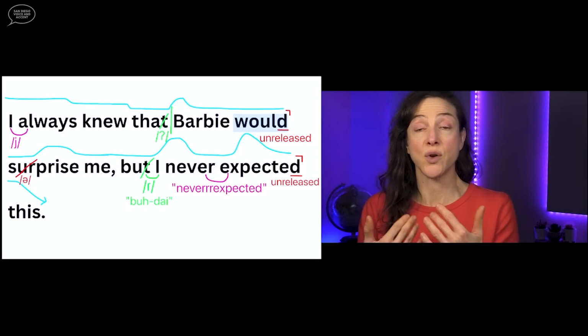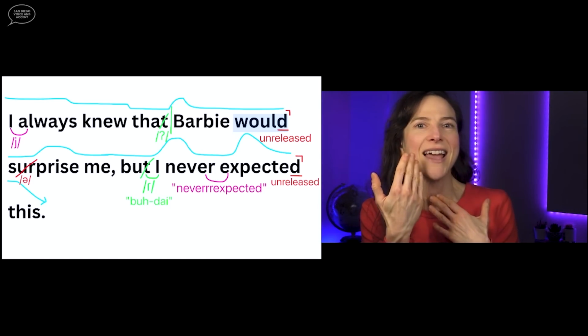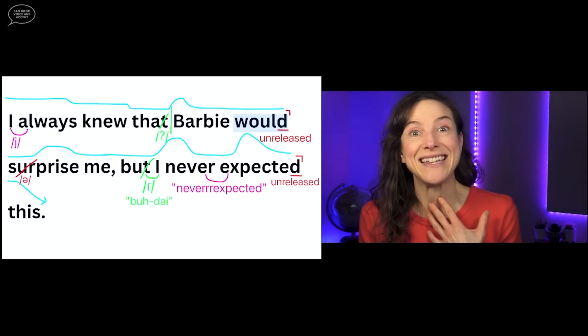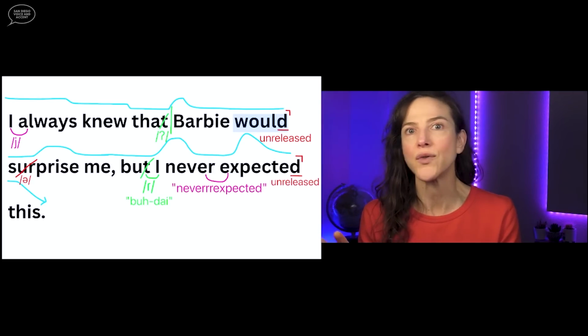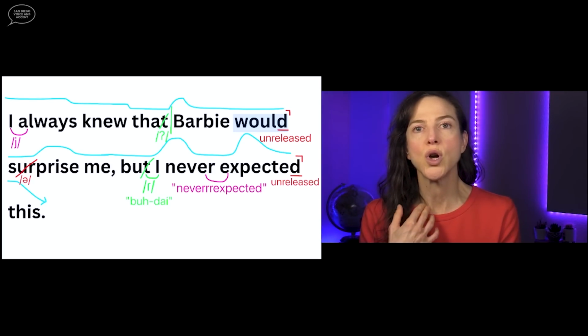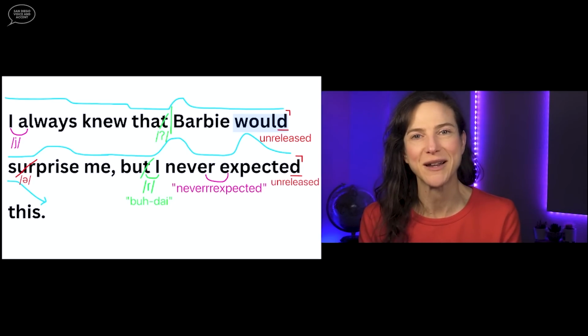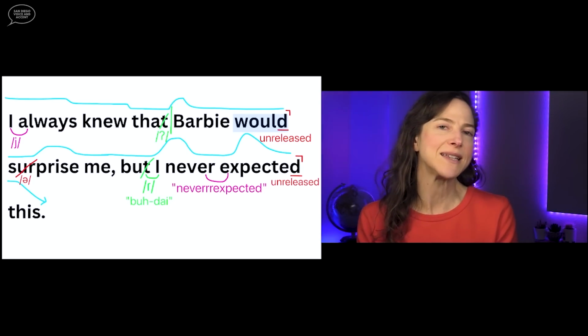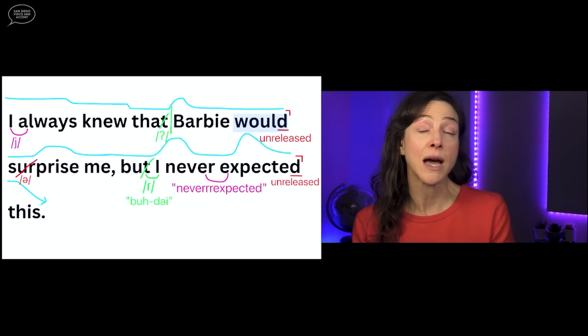Eventually you're going to run out of room from the vocal cords to where that tongue is, and you're going to need to release that D or breathe or something. So you can only do this unreleased D for 2 seconds. Would, and then there's too much air and you have to stop.